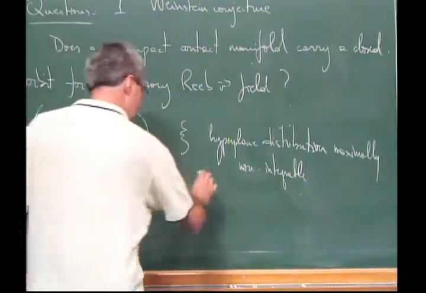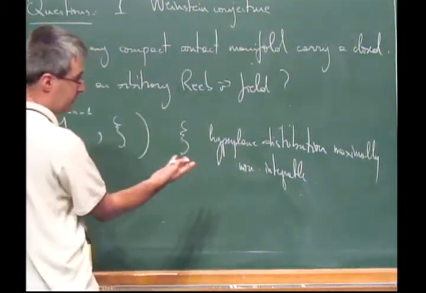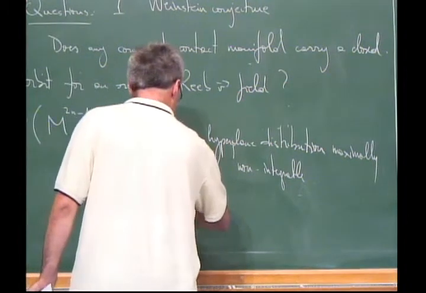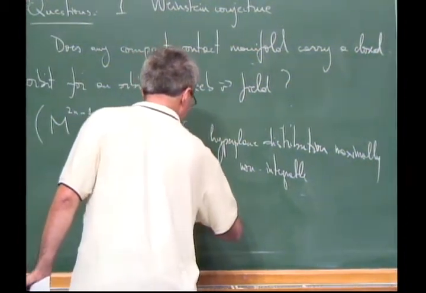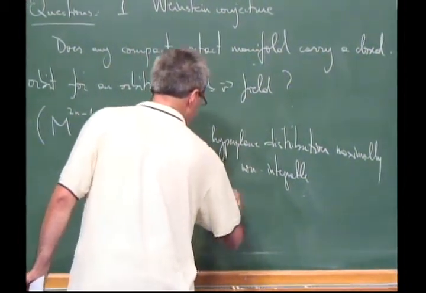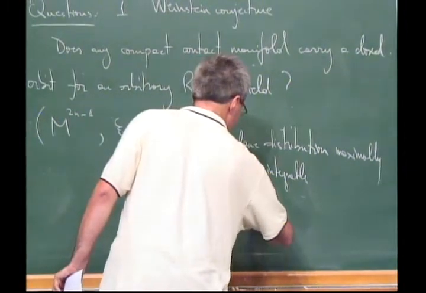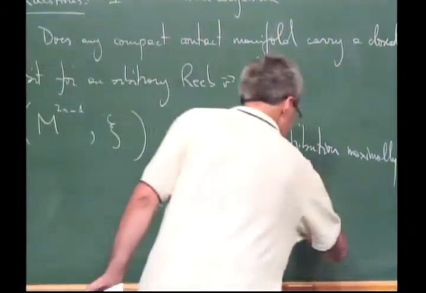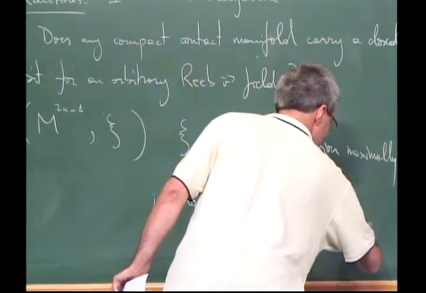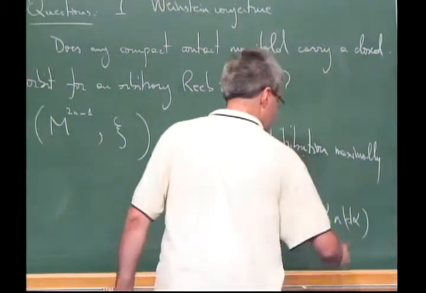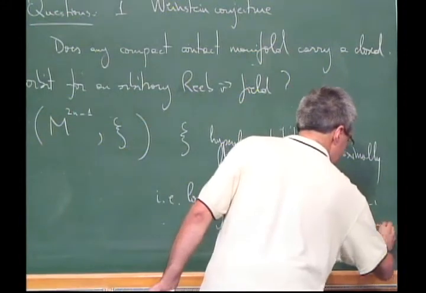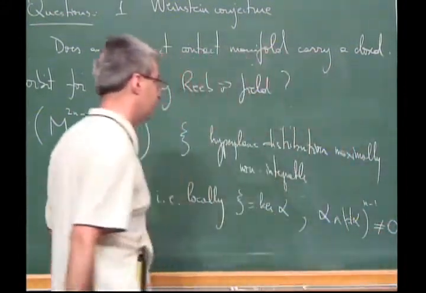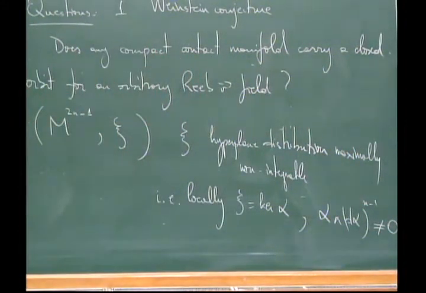So this means that, of course, any hyperplane distribution can locally be written as the kernel of a one-form alpha, and we require that alpha wedge d alpha to the maximal power, which makes sense, is non-zero. Right?